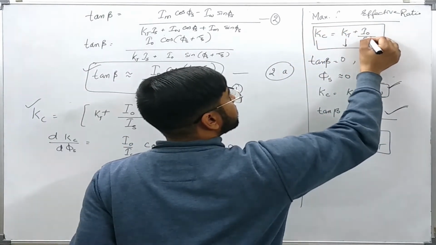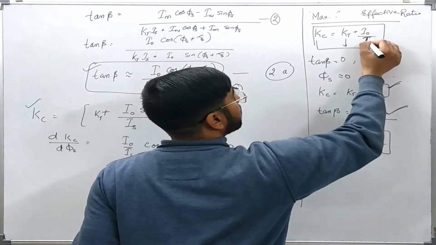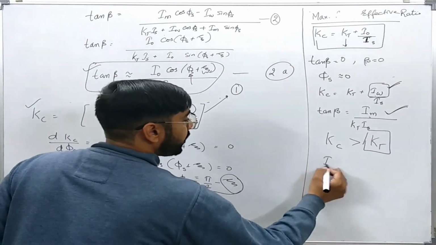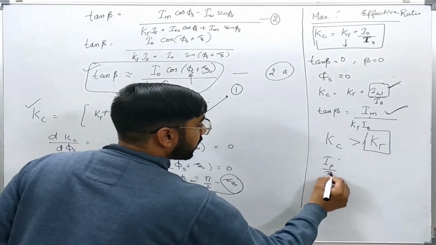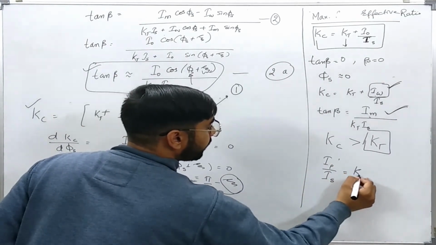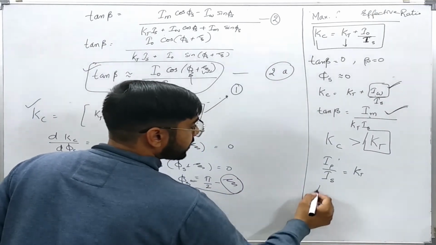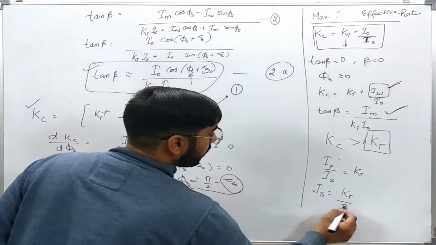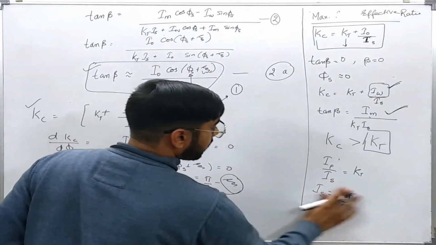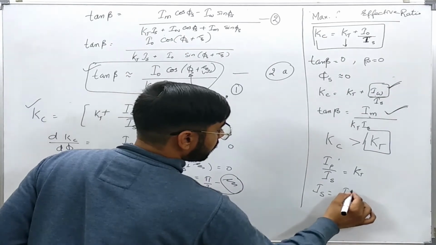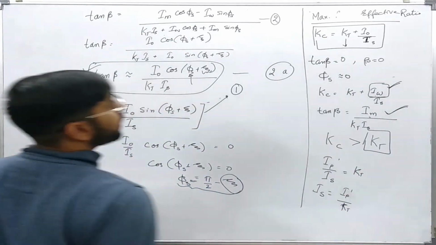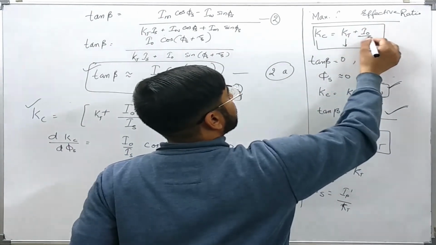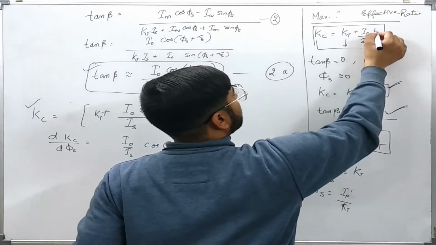This Is can be written as Ip dash over Is equal to Kt, so Is can be written as Ip dash over Kt.